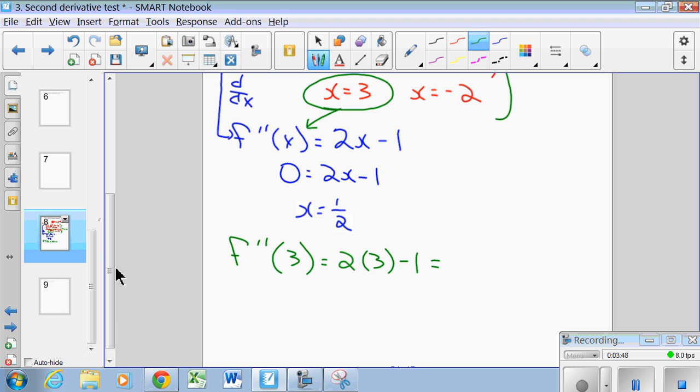So when you put 3, where your slope is 0, the x value is 3, into your second derivative, you get the number 5. So your thought right now is that my second derivative is positive. My first derivative is 0.